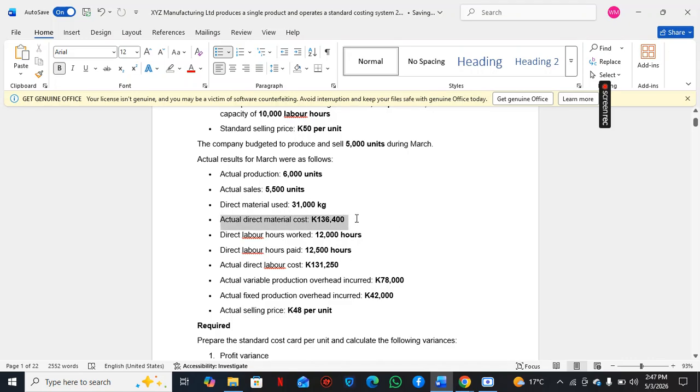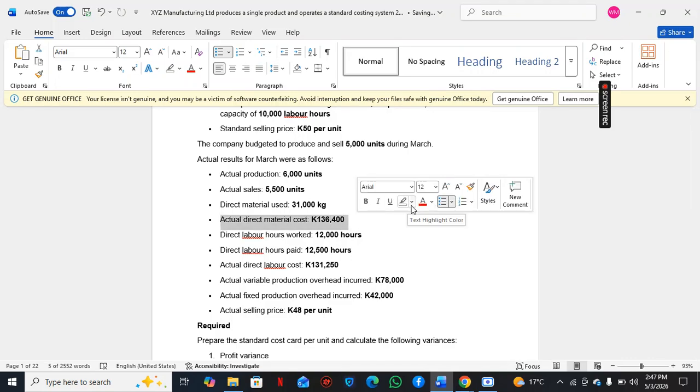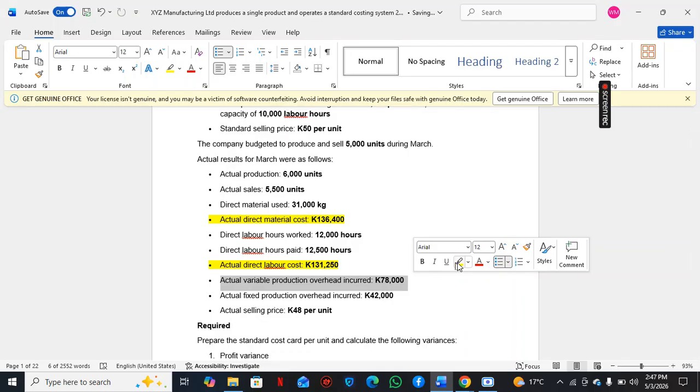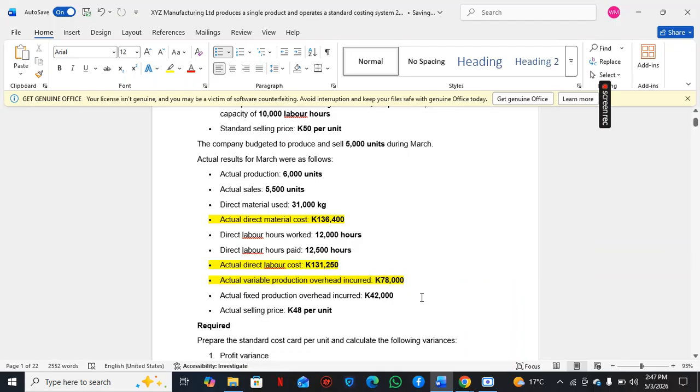The actual direct material cost is 136,400. The direct labor cost, 131,250. The variable production overhead, 78,000. The fixed production overhead, 42,000. These are our actual costs.